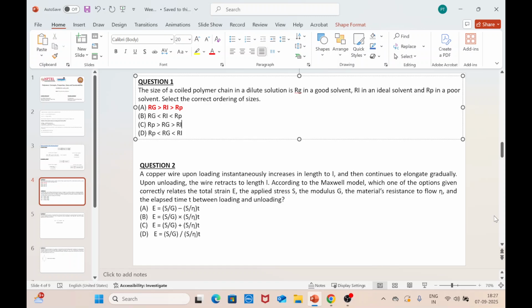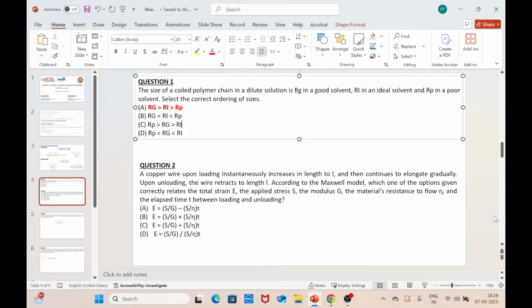So you are going to basically load a material, a copper wire, and its length is going to increase. Now when you unload, the wire retracts, and its length is going to be the same as it was before any loading. Now we have to use the Maxwell model, and then we have to say what will be the correct equation. So what will be the right option?